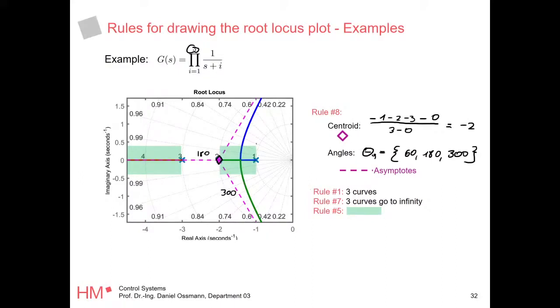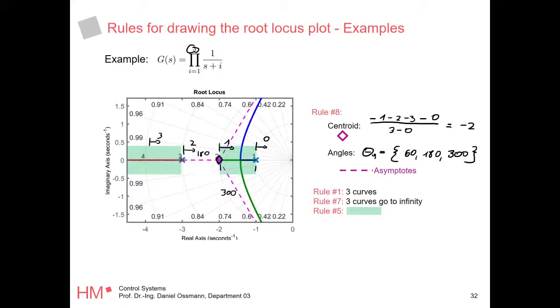And then rule number 5, again, do the checking. On the right, we have 0 here, we have 1 here, so this part of the x-axis must belong to our locus curve. From here to the right we have 2, which does not, because it's an even number, and here we have 3, right?